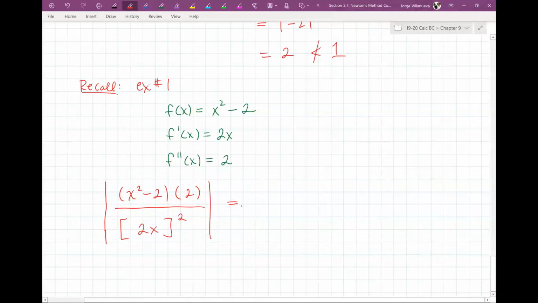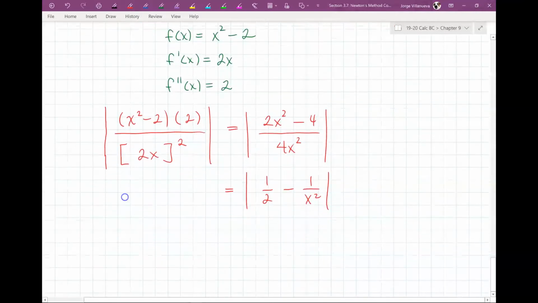Well, if I simplify this, I get 2x squared minus 4 over 4x squared. If I simplify it a little bit, I could break it apart. I get 1/2 minus 1 over x squared.